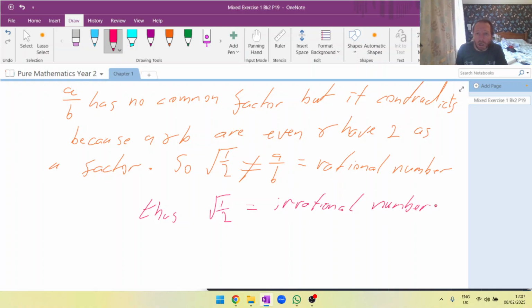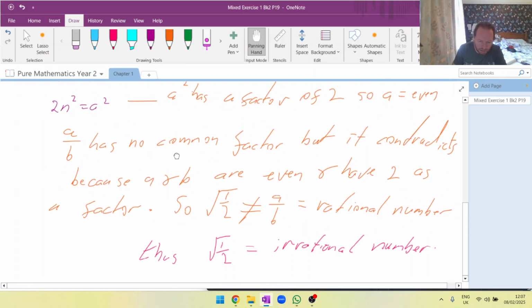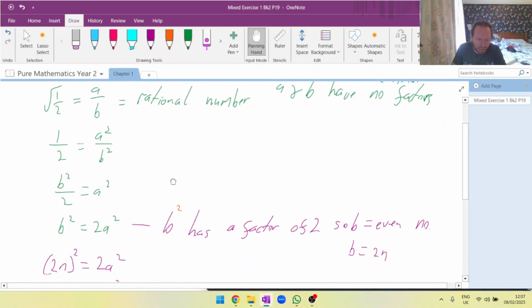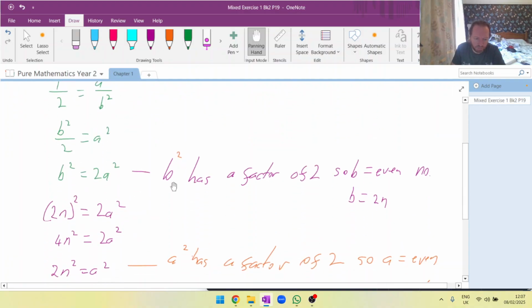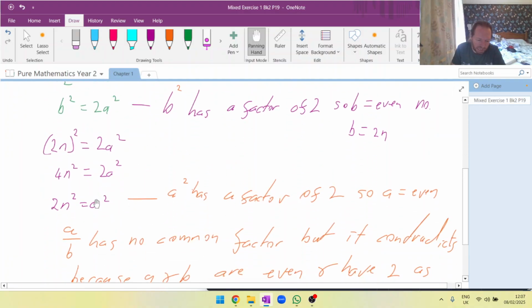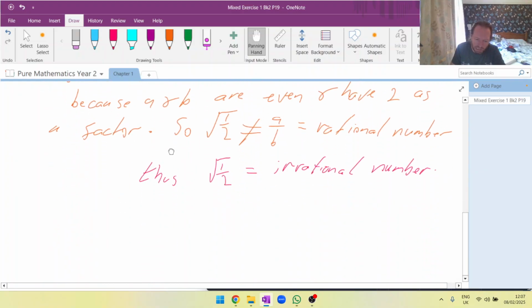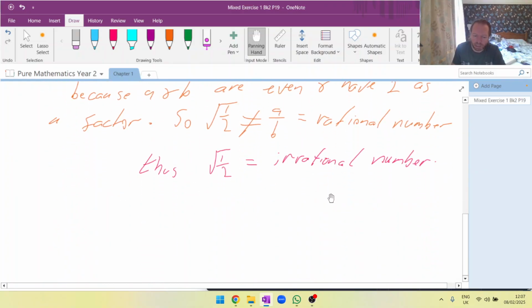Because we have shown that we cannot write it as an a over b fraction, as we worked that through, we ended up finding out that they both had to be even numbers, so we can't do it, and so the square root of a half must be an irrational number. Okay, right.